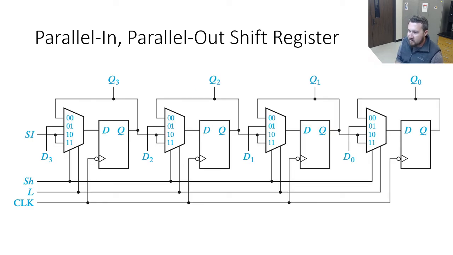Let's take a look and see what is going on with this. It works by having these multiplexers inside the shift register that select between some different inputs. Notice that the control inputs to our multiplexers come from SH, which equals shift enable, and L, which equals load enable.